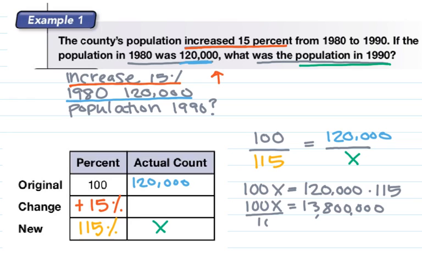Divide by 100 on both sides, which is really just crossing out those extra zeros. So our X equals 138,000. So there was a population of 138,000 in 1990.